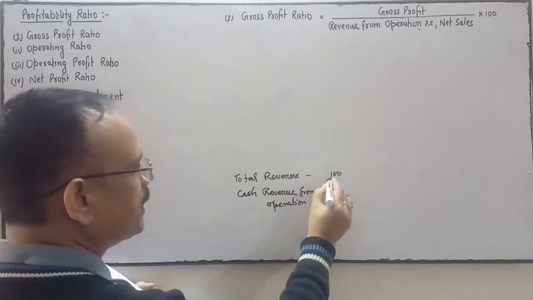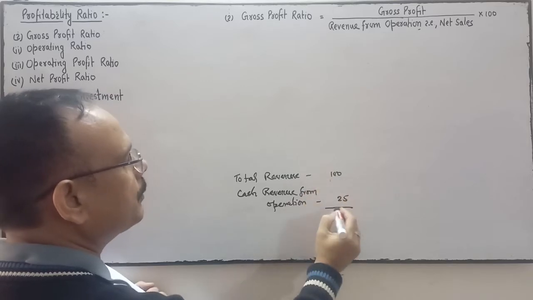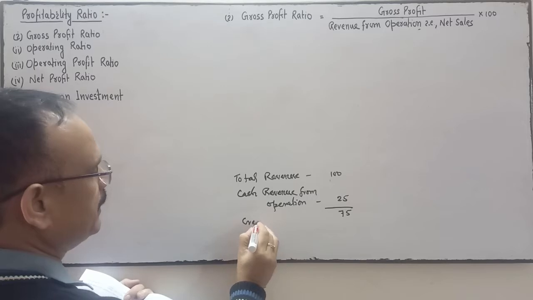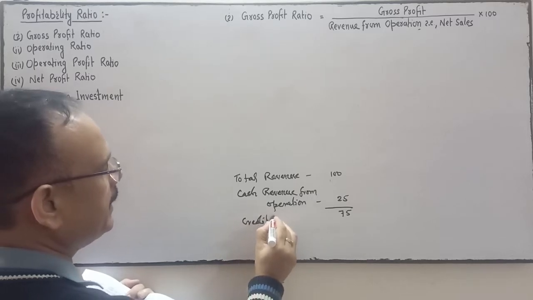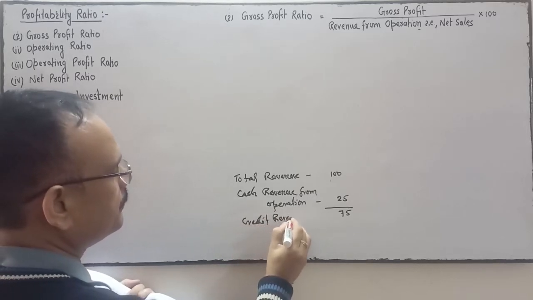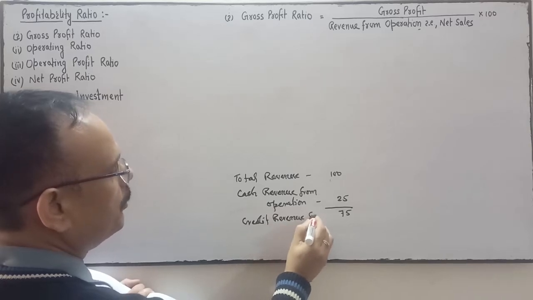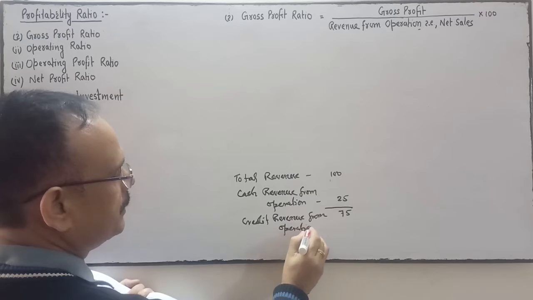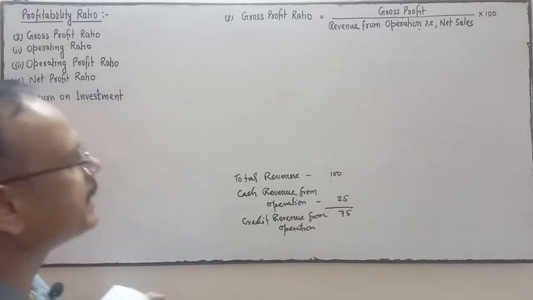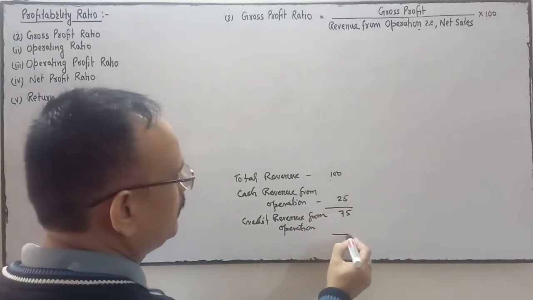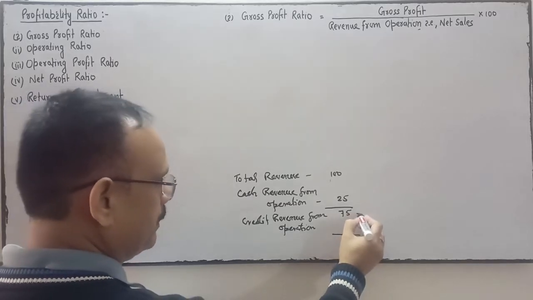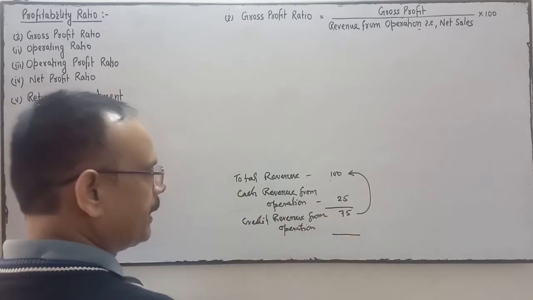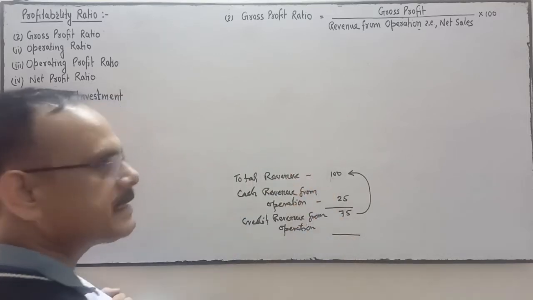So total revenue minus cash revenue indicates the credit revenue from operation. In this question, credit revenue from operation is given, so you link with this. When credit revenue from operation is 75, total revenue is 100.